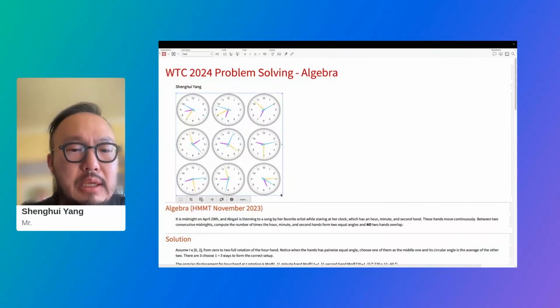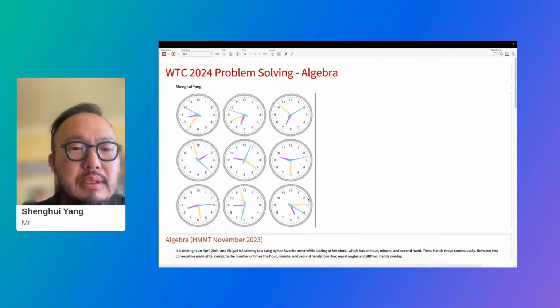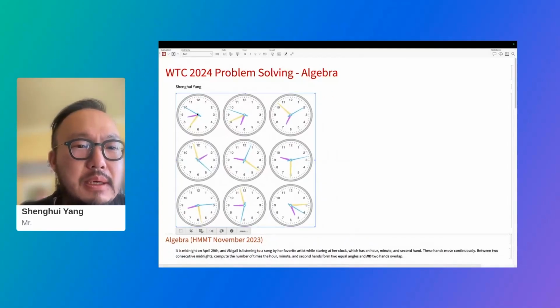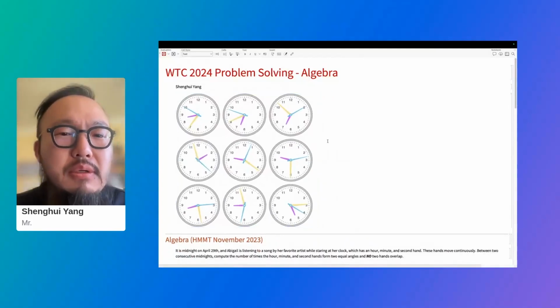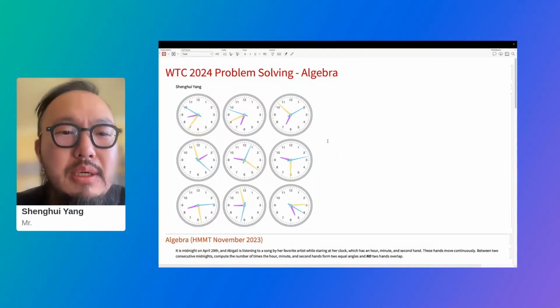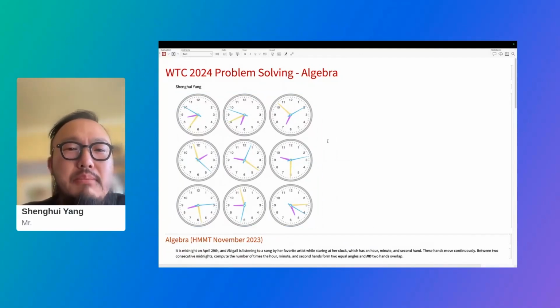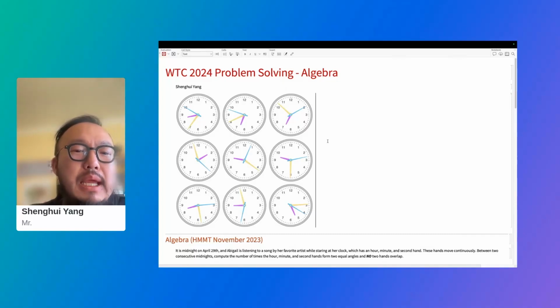So if you look at the grid of clocks, it probably reminds you of some Hitchcock movie about murders in a locked door. Usually they find someone dead on the ground, everything's locked, windows locked, and usually the first thing the detective notices is the clock on the wall.